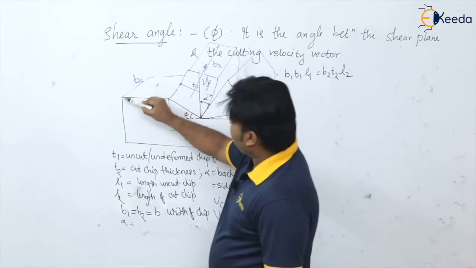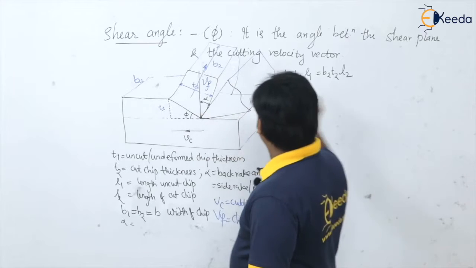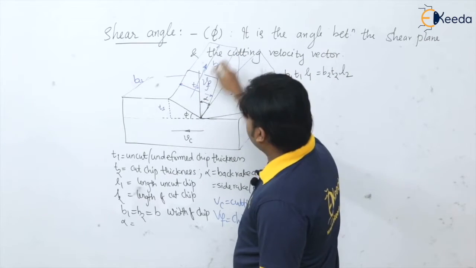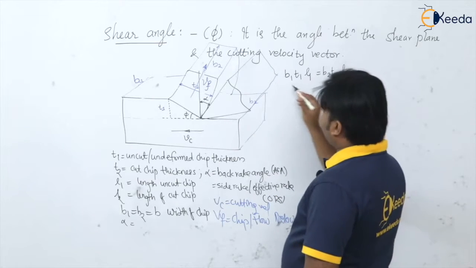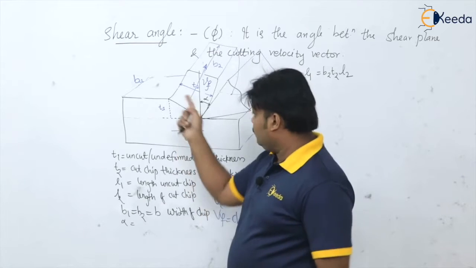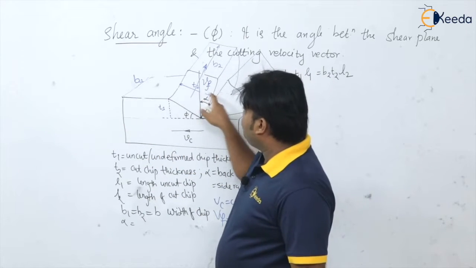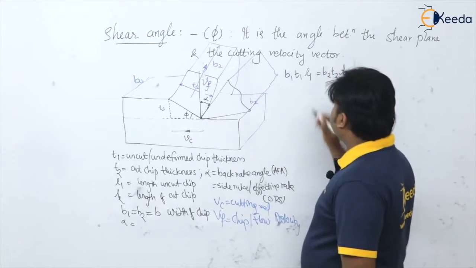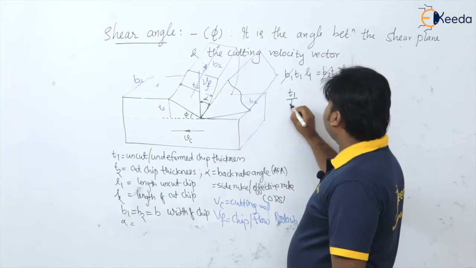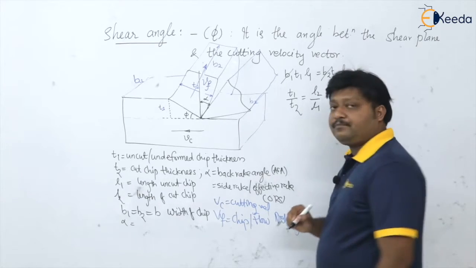So B1 into T1 into L1 is equal to B2 into T2 into the length of the chip. As there is no flow in the widthwise direction, only the length of the chip increases, B1 and B2 are the same, so they cancel. What we get is T1 divided by T2 is equal to L2 divided by L1.